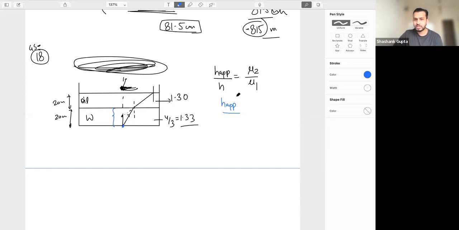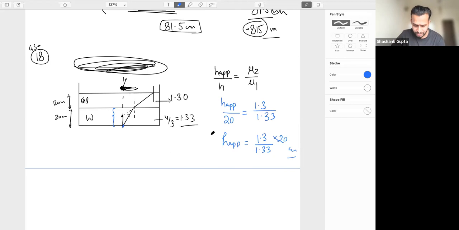So from this it is given as 20 centimeter, is equal to mu2. Mu2 is where the ray is going. Ray is going in oil, which is 1.3, upon mu1, from where ray is coming, is 1.33. So H apparent is coming out to be 1.3 upon 1.33 into 20 centimeter.